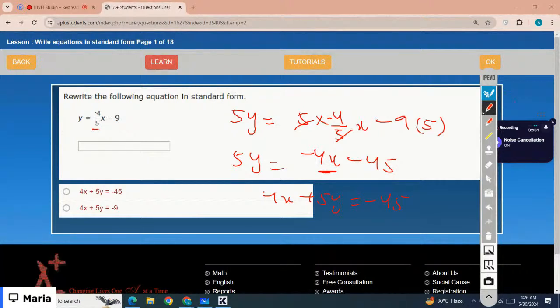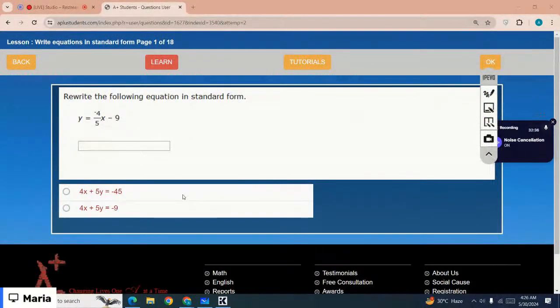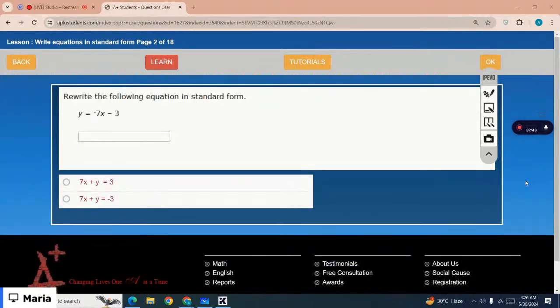Okay, then let's just move on to the next one. y equals negative 7x minus 9. How to write this equation in standard form?